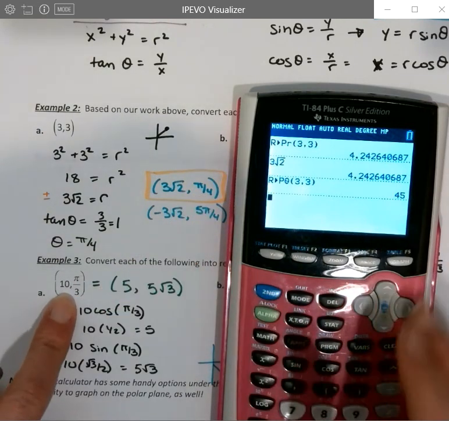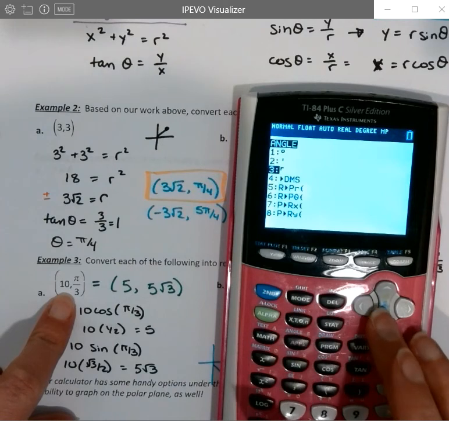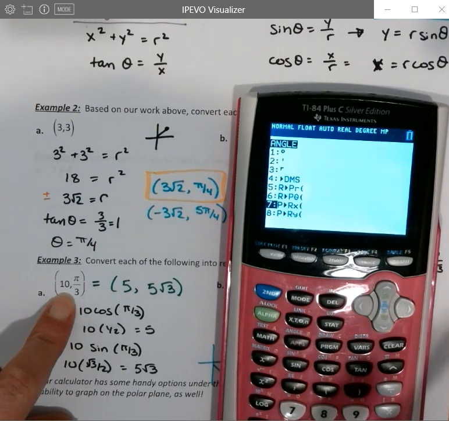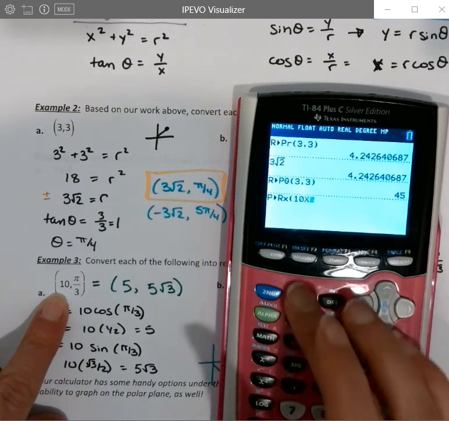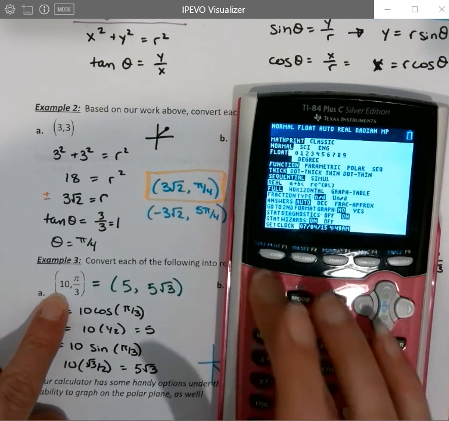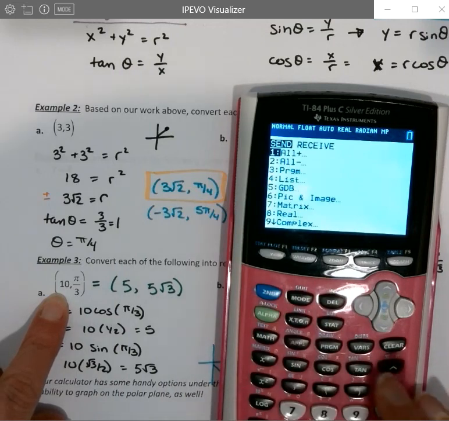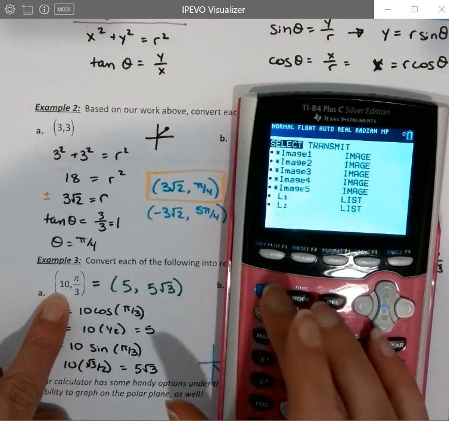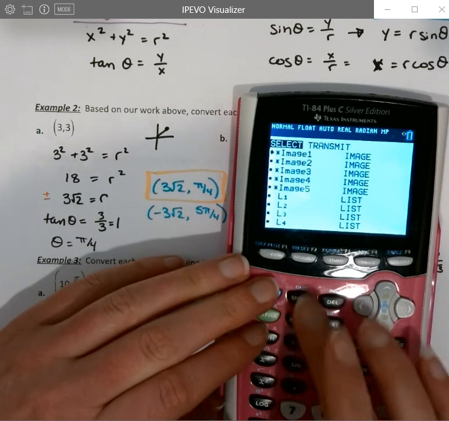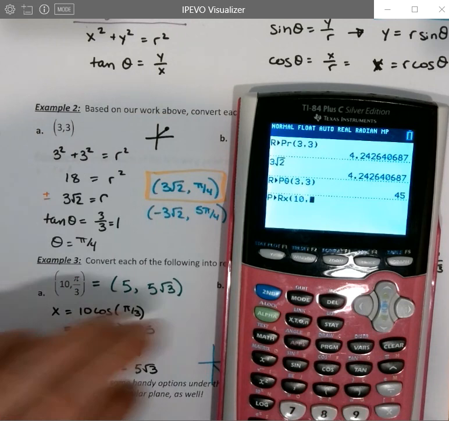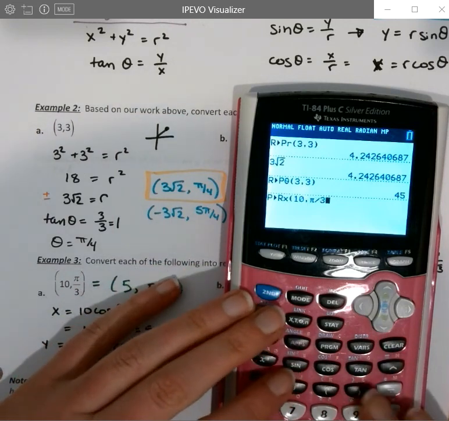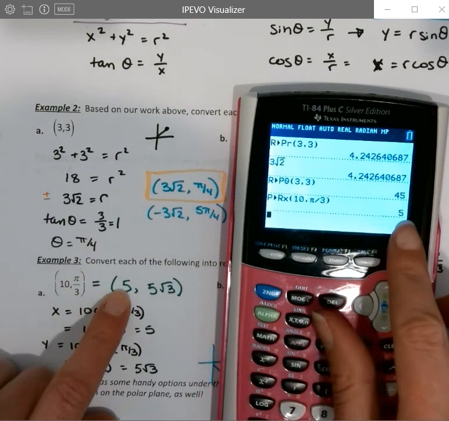I can do something similar over here. If I go into angle and choose P to R, converting polar to rectangular, find x. So this is 10. Let me change my mode real quick to radians. Okay, I'm in radians now, and so I have 10 comma pi thirds, and we get 5 for our x coordinate.